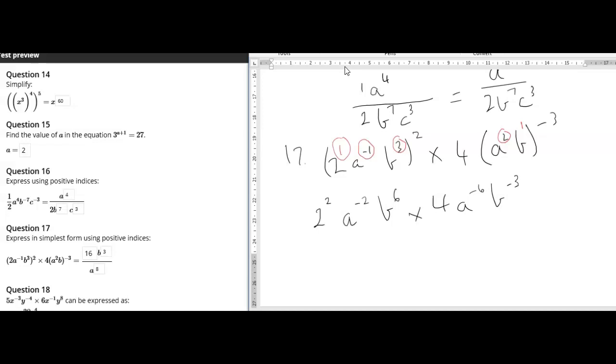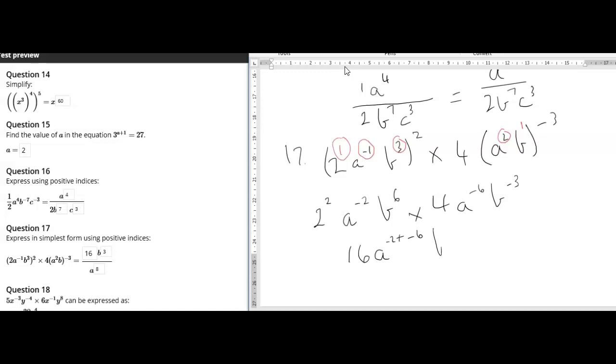Now we can bring them together. Okay, so let's not shift anything just yet. Let's just do this multiplication. So 2 squared is 4, and 4 times 4 is 16. Then we've got a to the negative 2. When we're multiplying, we add our powers, so it's going to be plus negative 6.